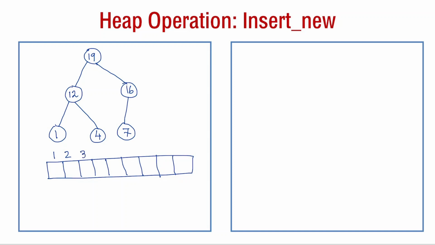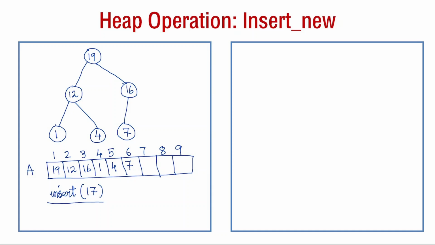One, two, three, 4, 5, 6, 7, 8, 9, let us say, and the values will be 19, 12, 16, 1, 4, 7. This is the representation of the heap. Now, suppose we are told to insert a value, let us say 17.